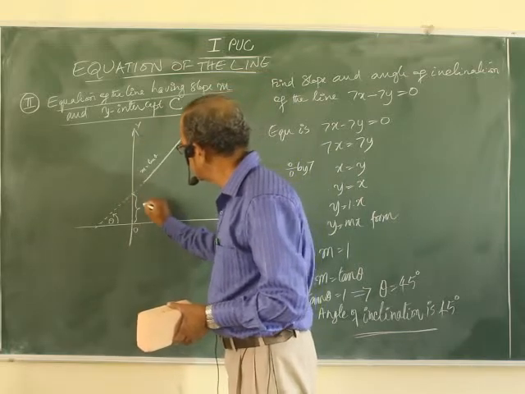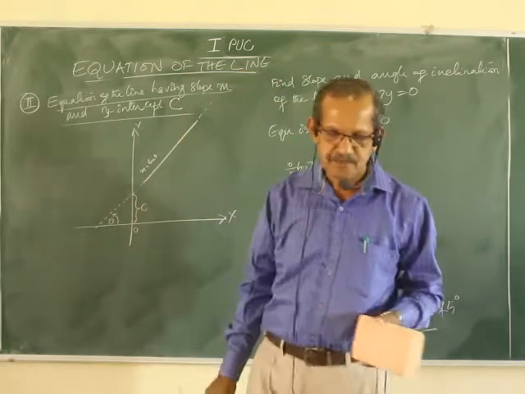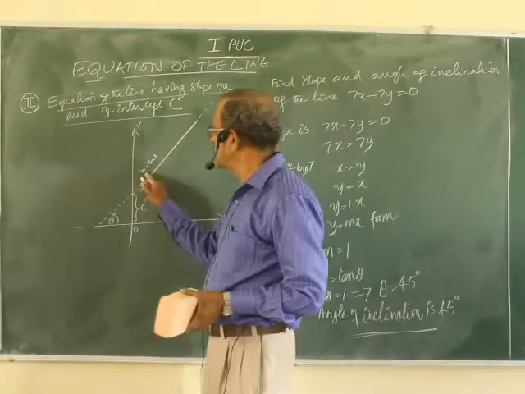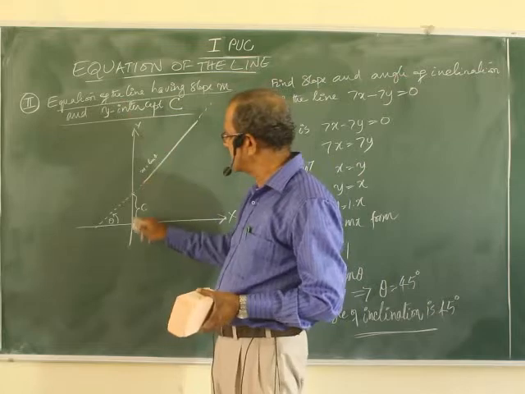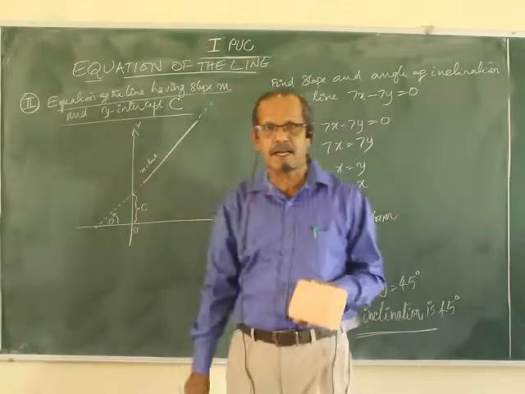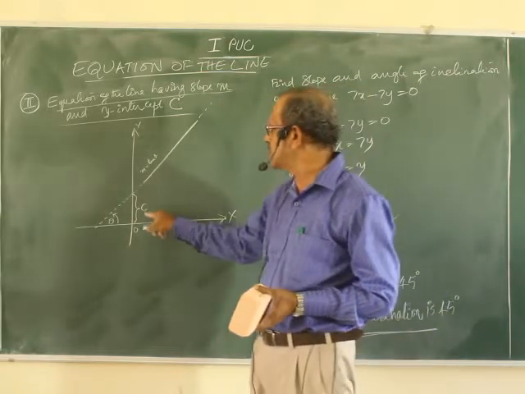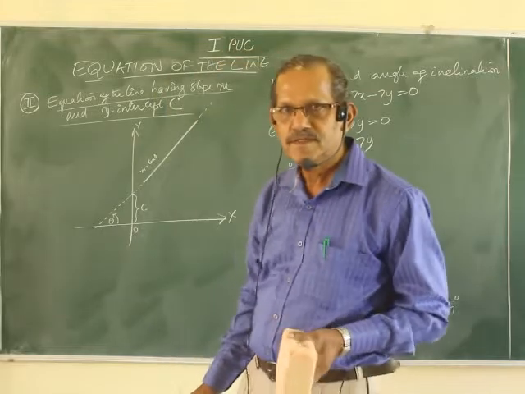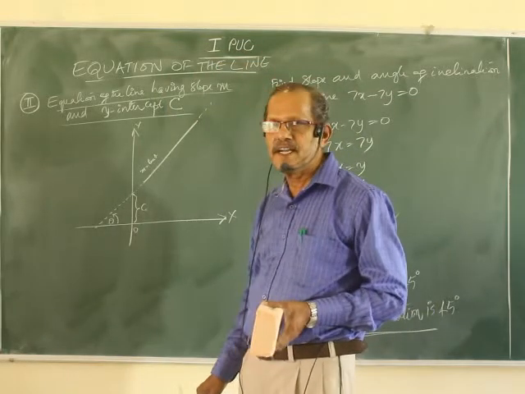See this distance is c. They are giving not only slope, also the length or the distance between the origin to the point of intersection of the line. This is also given. How to write the equation?